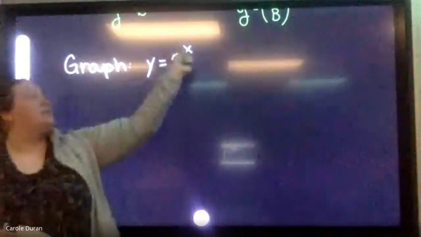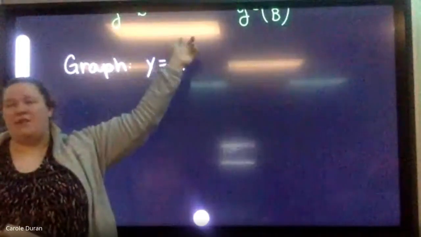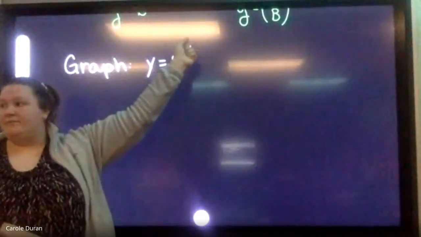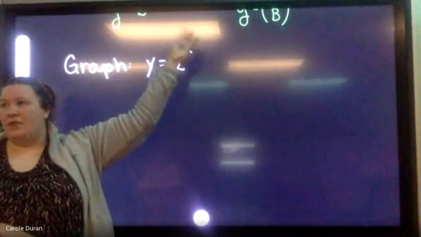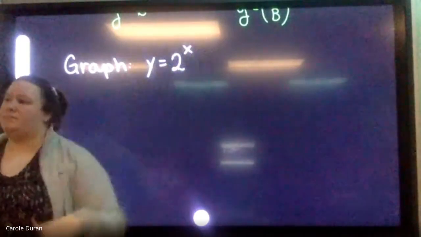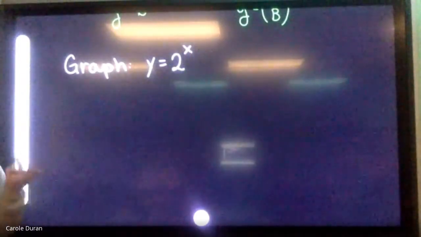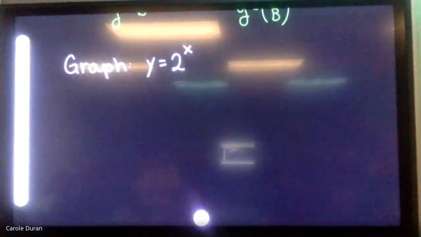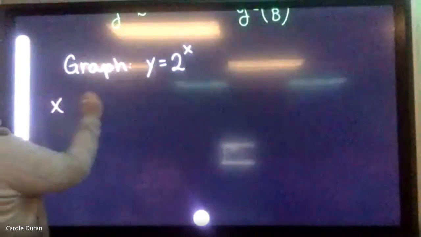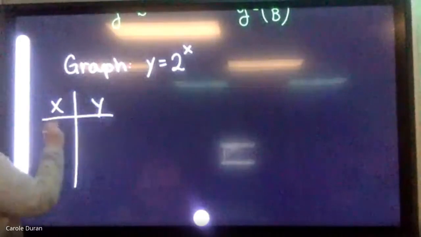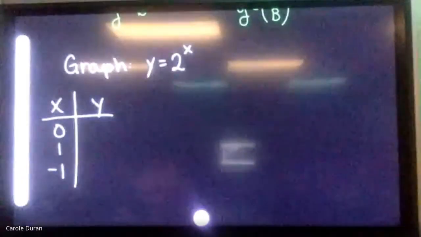Technically, but the x is still by itself because it's the only thing in the exponent. There could be like an x plus 4 or an x plus or minus something. It could also be multiplication, yes. Just not right now. So the x is by itself, which means when I make my xy table, I'm just using 0, 1, and -1 to graph this.